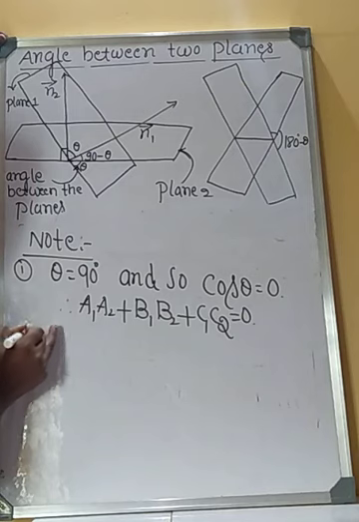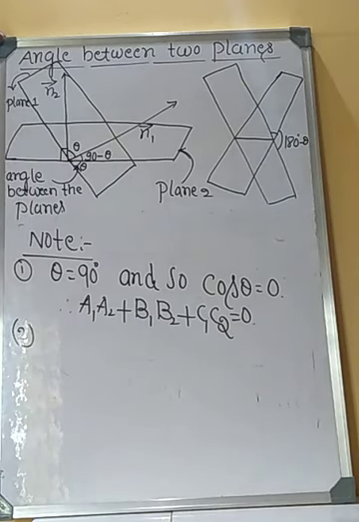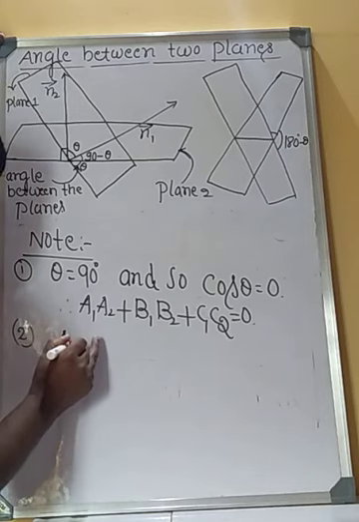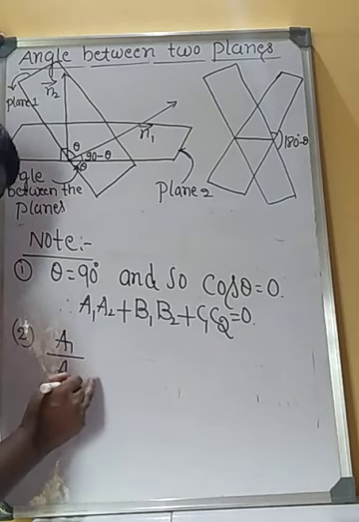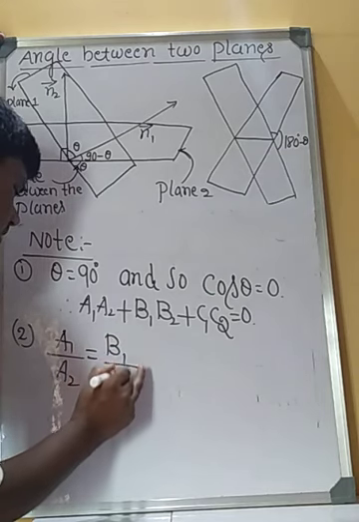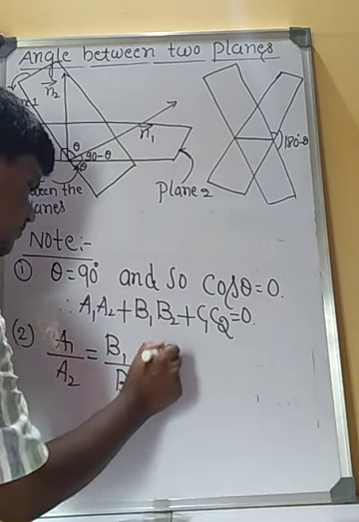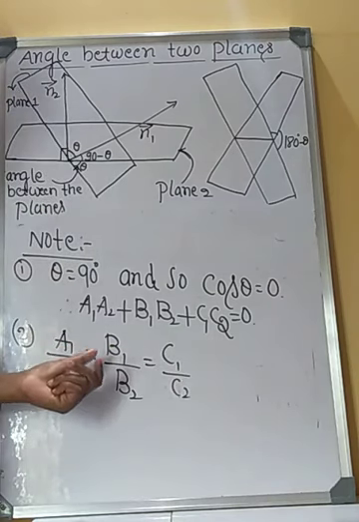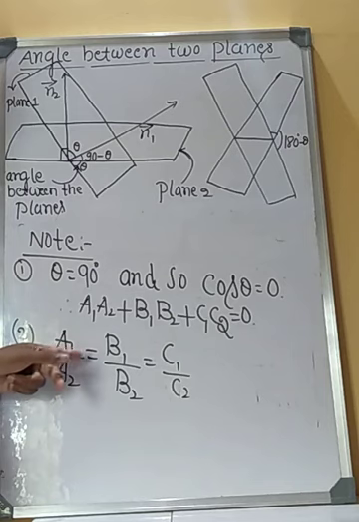Second point, if the planes are parallel, then A1 by A2 equals B1 by B2 equals C1 by C2. That means the direction ratios of the normals to the planes are proportional.